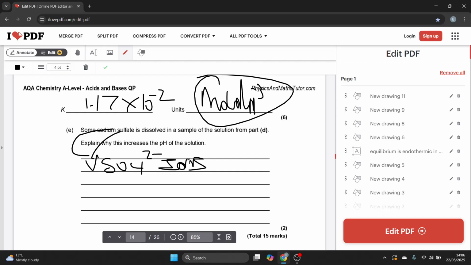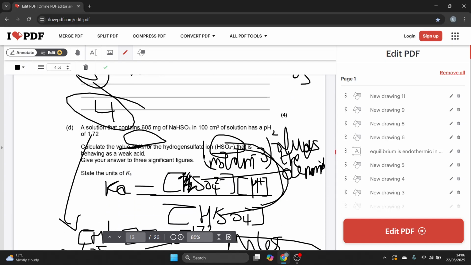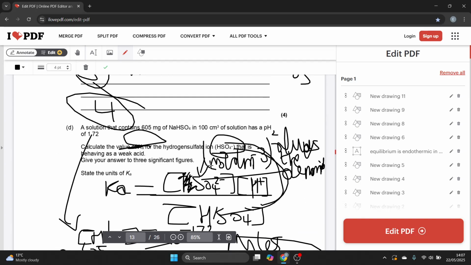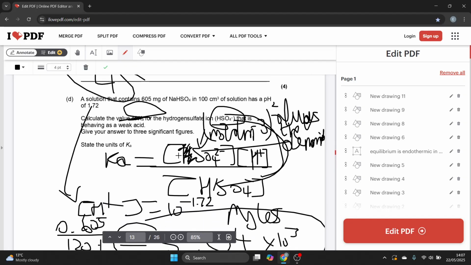And if I'm adding SO4 2 minus ions, which is here, then I'm going to have a bigger numerator. As you know, if I think about concentration H plus, you could think of it like that, but you could also think of it like this, right?